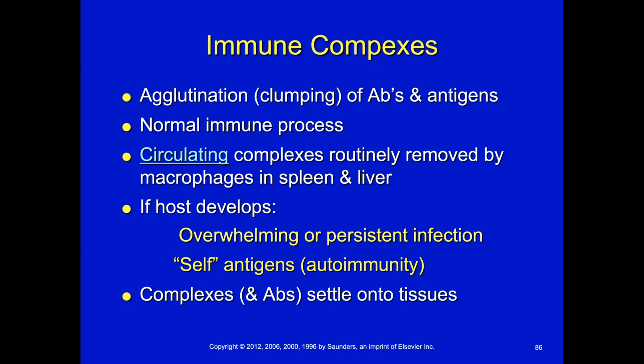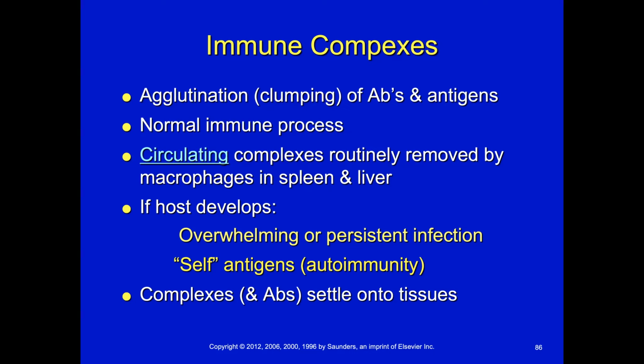However, problems develop if the host is experiencing an overwhelming or persistently long infection, or you have self-antigens, autoimmunity being created, being recognized. Complexes and antibodies in those cases can settle on the tissues.